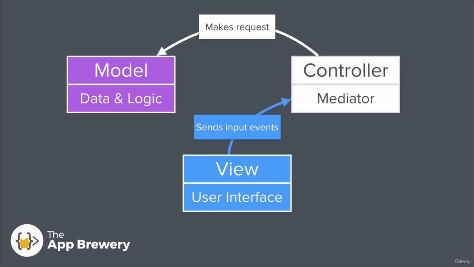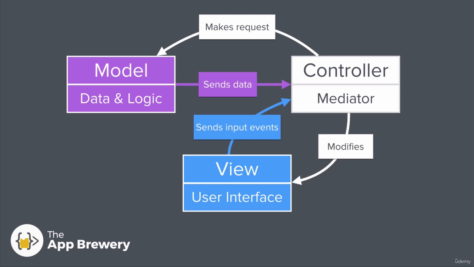Say if the user taps in a contacts app and they wanted to view Bob's phone address, then the controller is going to make that request to the model class. Now then, the model class deals with the database or the data storage, and it eventually sends back the data to the controller. The controller then uses that data to modify the view.